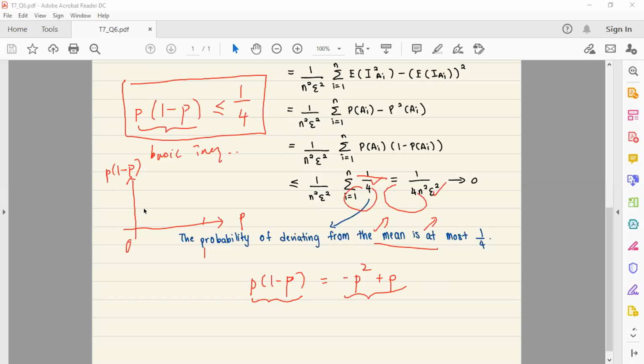Is it a linear function? What function is it? Anybody wants to help? What function is this?